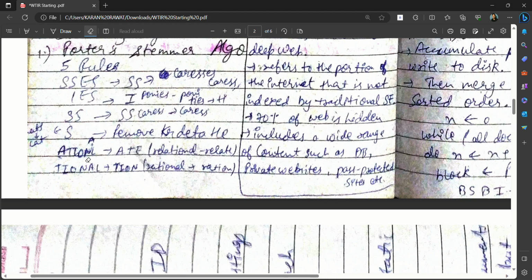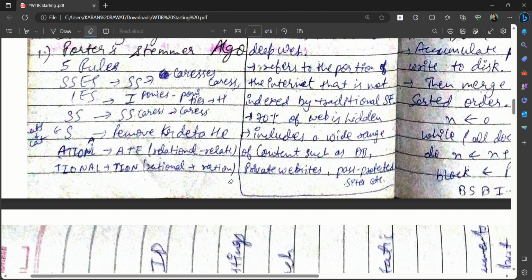I told you, just remove this and put this ATE. That will convert it into its base form or root form. So relational will convert to relate. And we have another, you can say a last rule, that is TIONAL, then convert into TION. Example, rational, then ration.